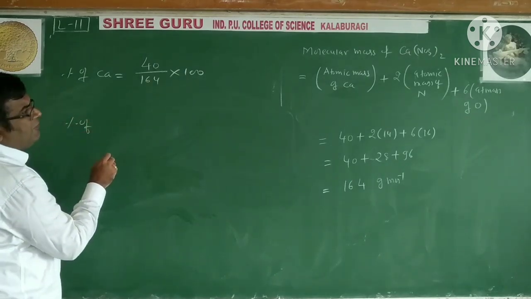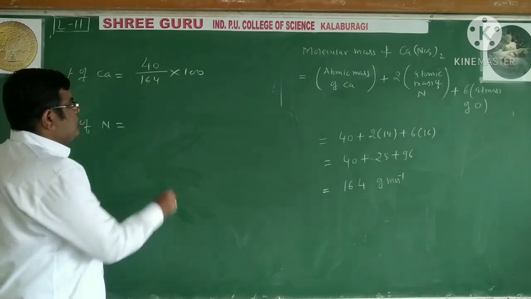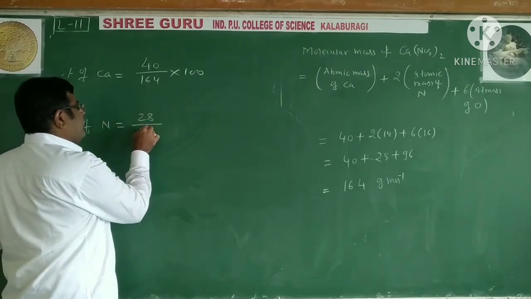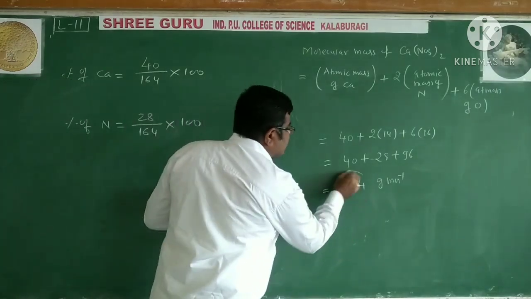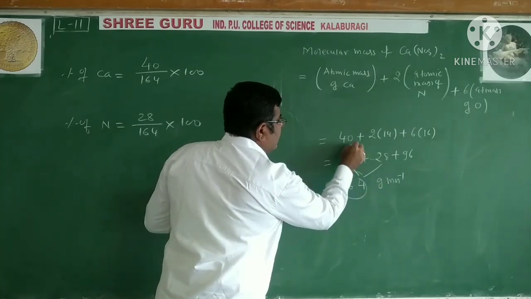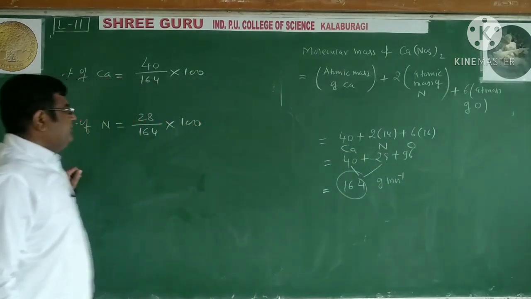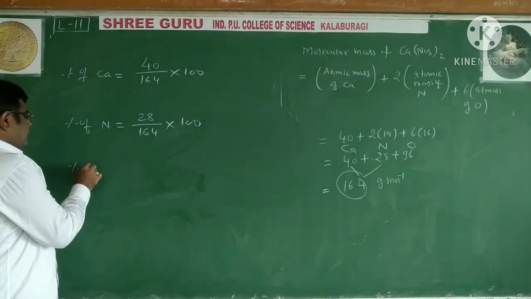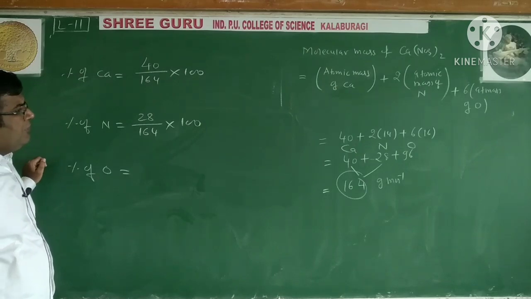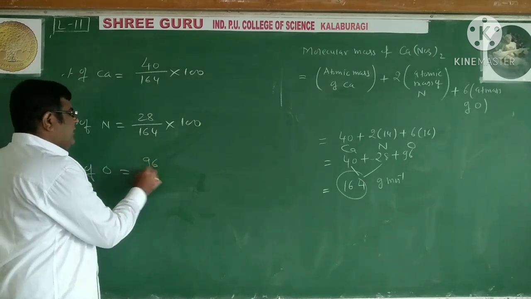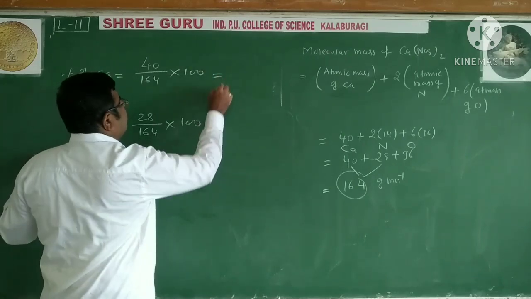Percentage of nitrogen. What is the nitrogen contribution? 28 by 164. Because in this 164, this is calcium, this is nitrogen, and this is oxygen. Percentage of oxygen is equal to 96 by 164 into 100.